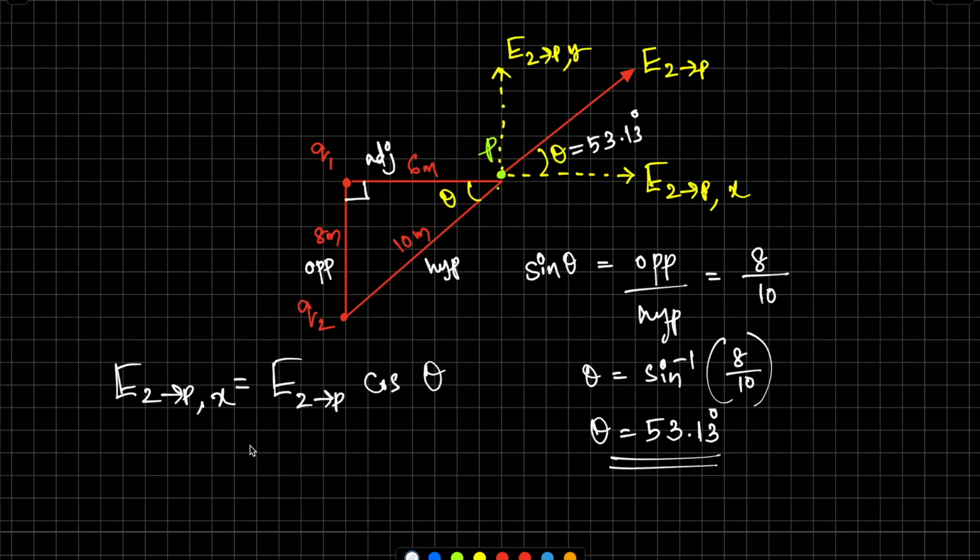E2 at P is 225, so 225 cos 53.13, should be in degrees, is 135 newton per coulomb.